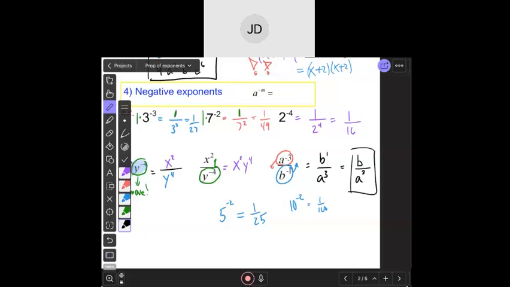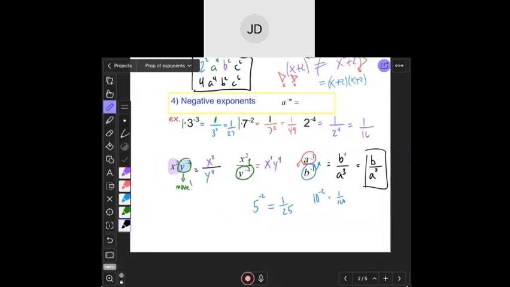Okay? You never, ever, ever end a problem with a negative exponent in it. If you have a negative exponent in your problem, you have to address that by the time you're done. You're not allowed to leave negative exponents in a problem. Okay? They have to be addressed.